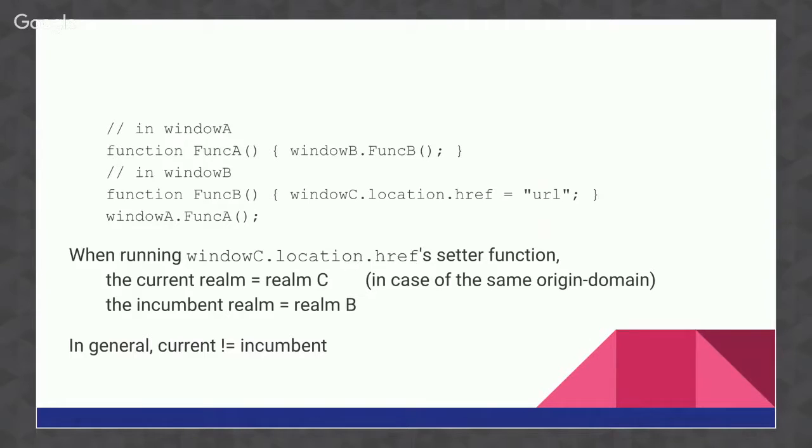And in the same example, when we are running the href setter function, the currently running function is the href setter function. So its realm is the current realm. In that moment, the current realm is realm C because we are running window C's function, and the incumbent realm is realm B. So in general, incumbent realm and current realm are different things.